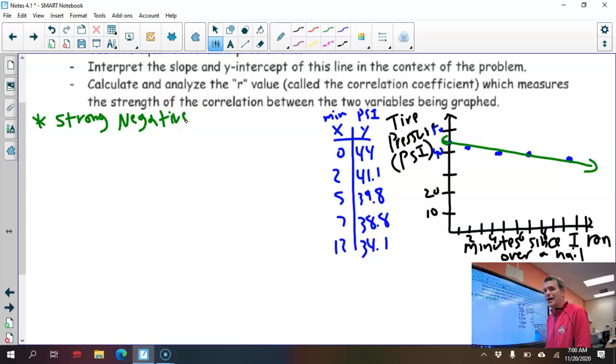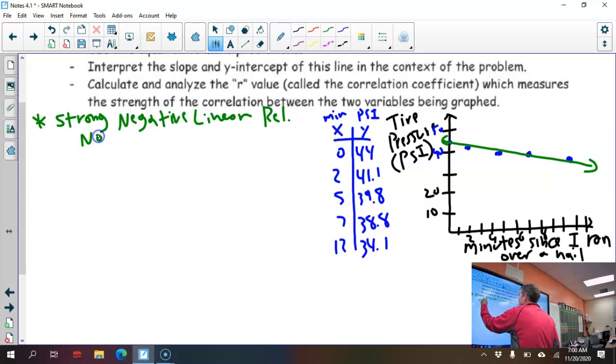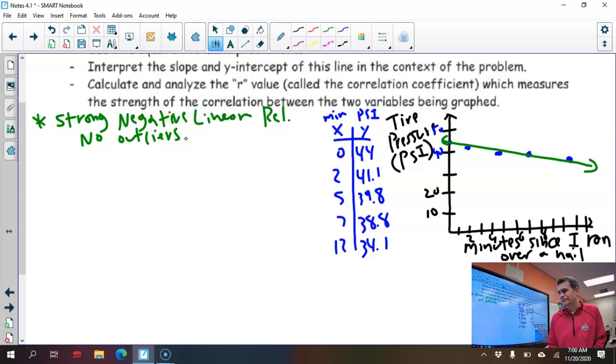As the minutes go up, the tire pressure is going down. I'd say it's linear. So it's a strong negative linear relationship, and I'd say no outliers, right? All right, I have described the graph.